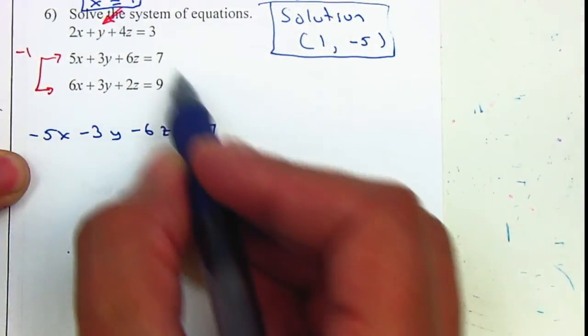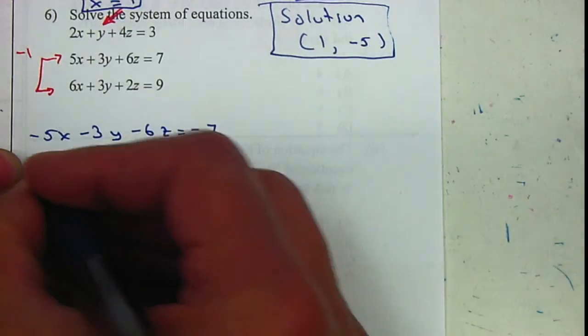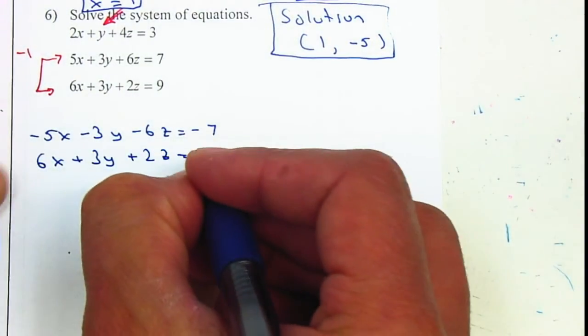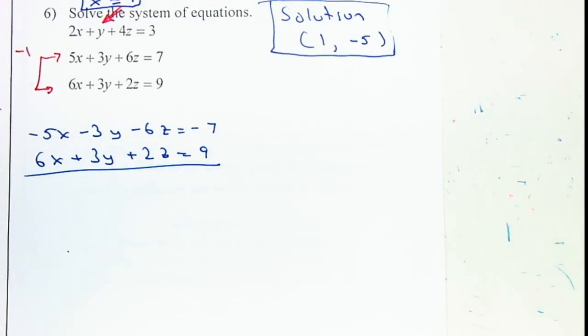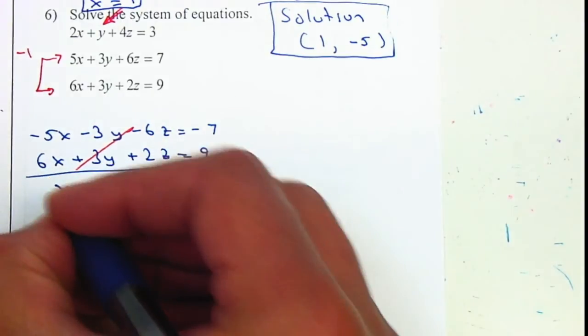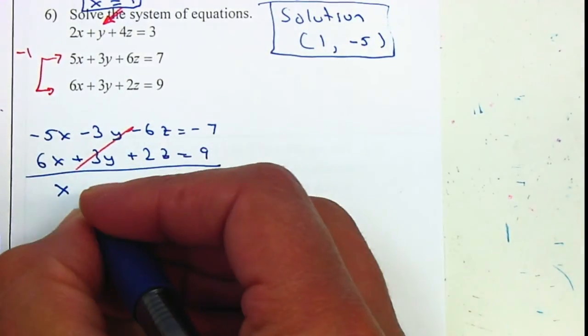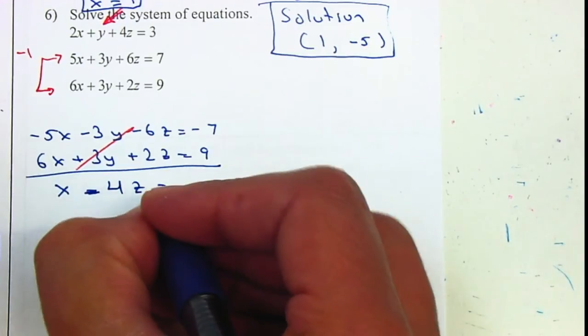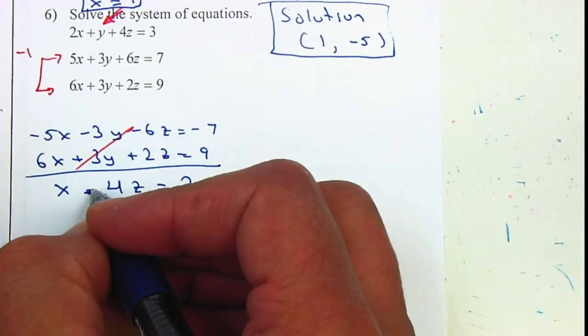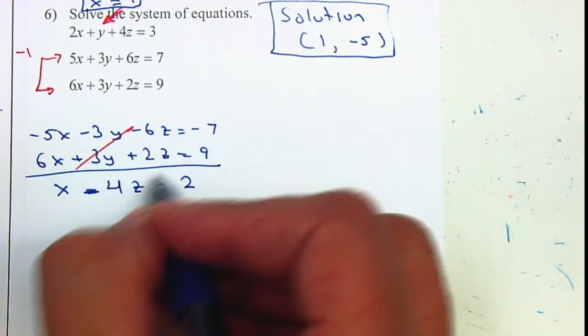Negative, negative. The bottom one stays exactly the same. So the y's cancel. That gives me positive 1x, -4z, is equal to 2.